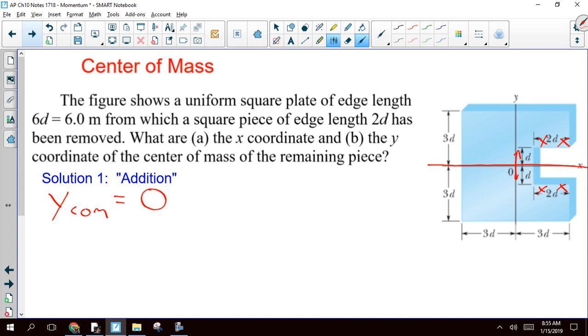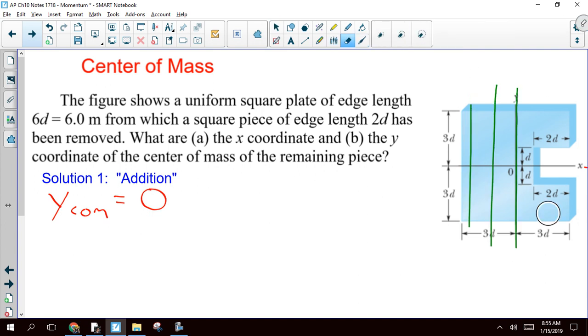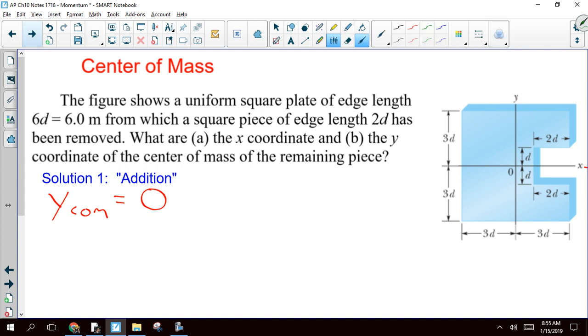Now, horizontally, it's a little bit more complicated. So horizontally, it's not symmetric, and you can see there's no way that I can draw any line here to find a line of symmetry. So what we're going to do is break the mass up into 3 chunks. We're going to have this top chunk, a middle chunk and a bottom chunk.